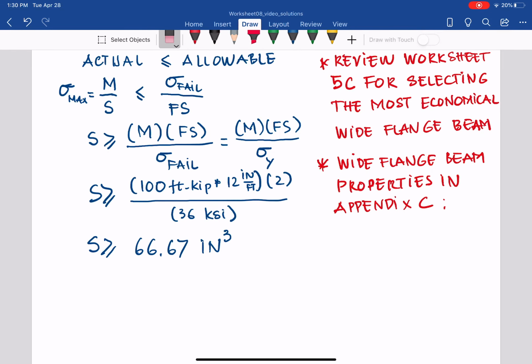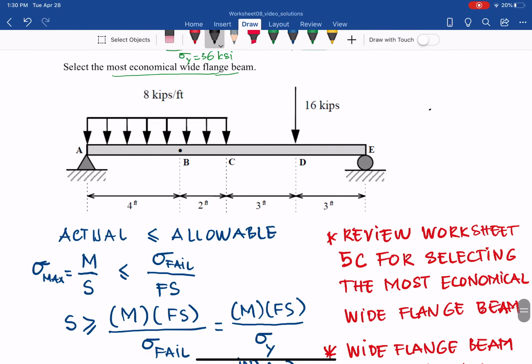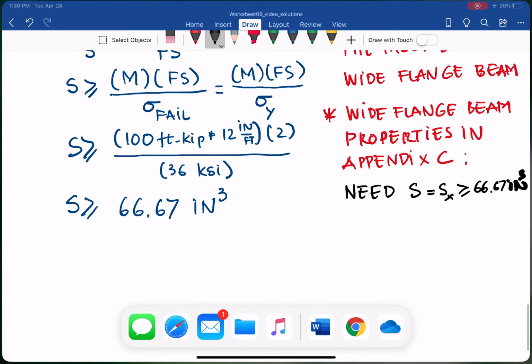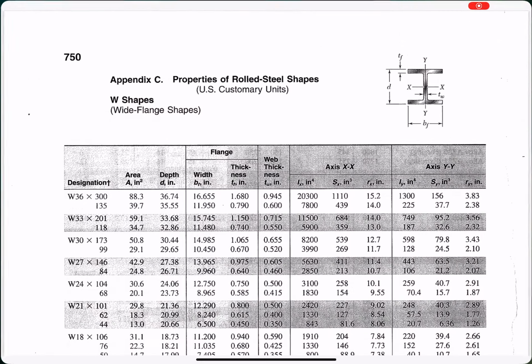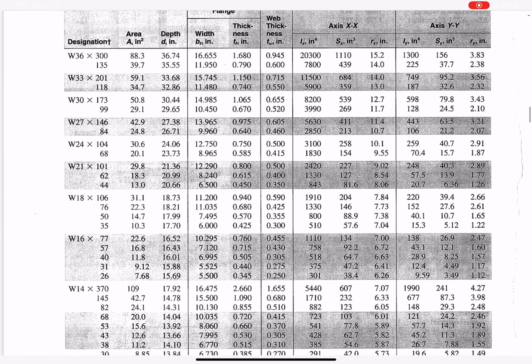What do we need? We need the section modulus S, and the way the beam is put, in this case, has to be about the X axis, because that is the most economical way to set up the beam, as I showed you in the demonstration, and that has to be greater than 66.67 in cubed. So go back to your reference, the wide flange shapes, and look for SX.